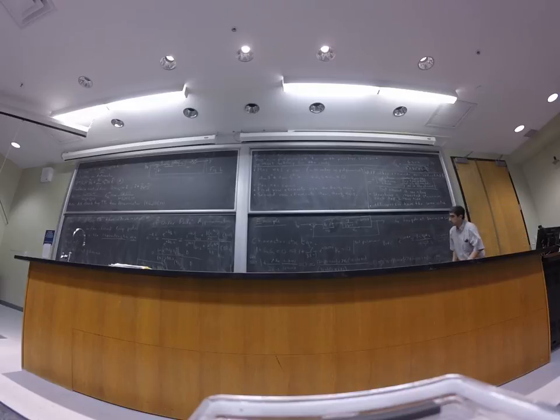So let's make the Routh array. How many rows? Three rows, since it's quadratic.